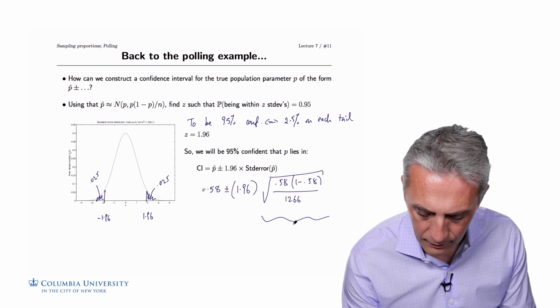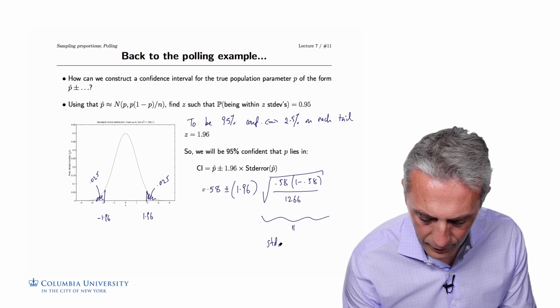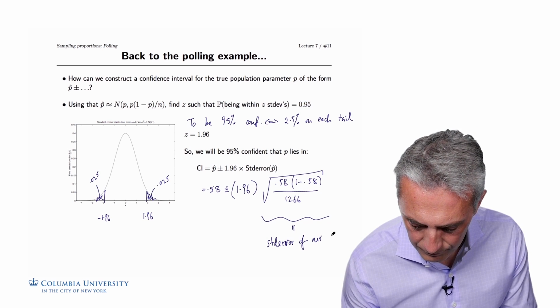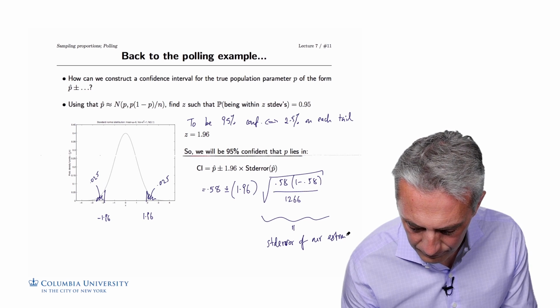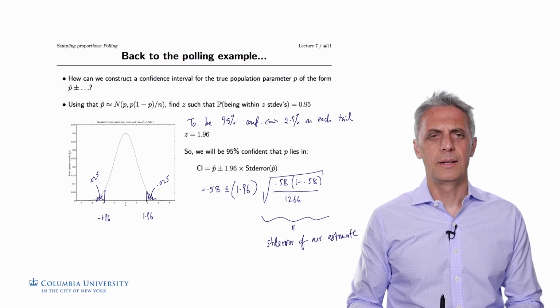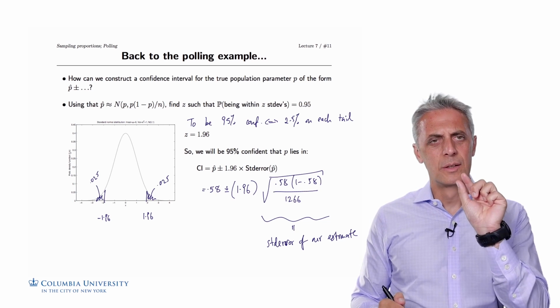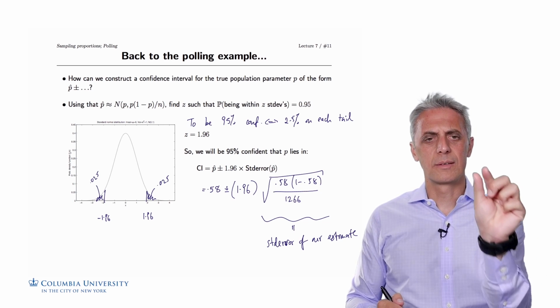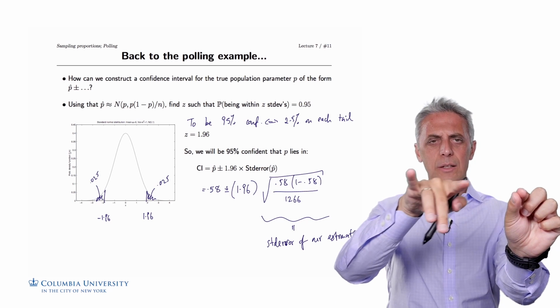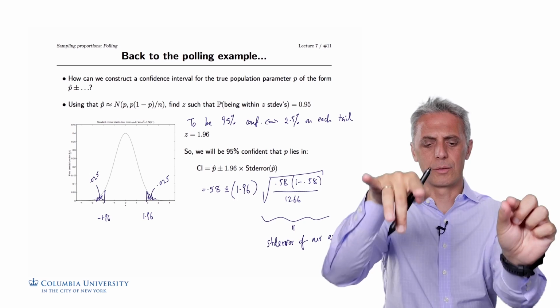Right, so this is the standard error of our estimate. So this is essentially the accuracy of our estimate, or the standard deviation of our estimate. So when I give you a confidence interval, I say, look, my best guess is 0.58, but then I'm going to add to it 1.96 standard errors.